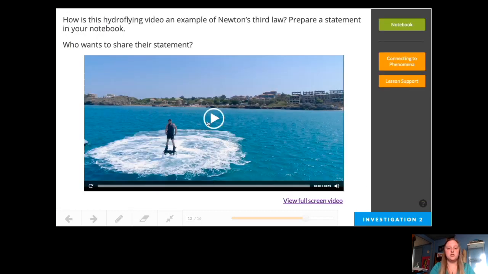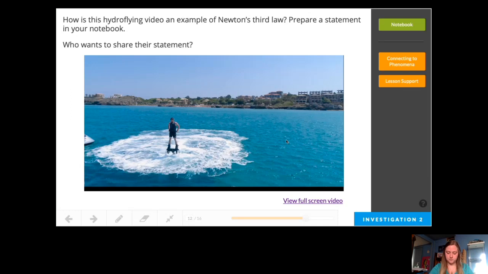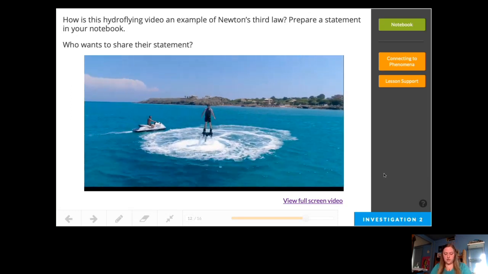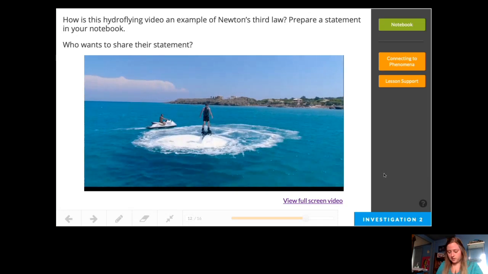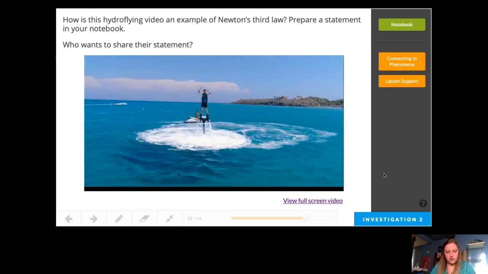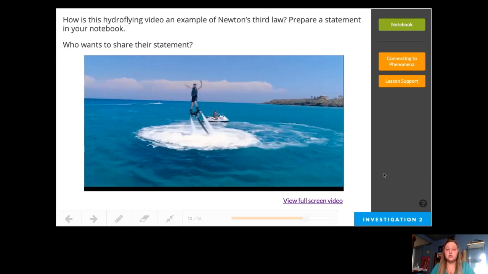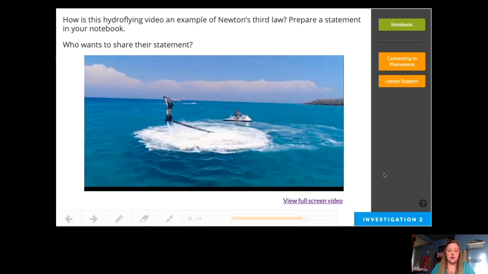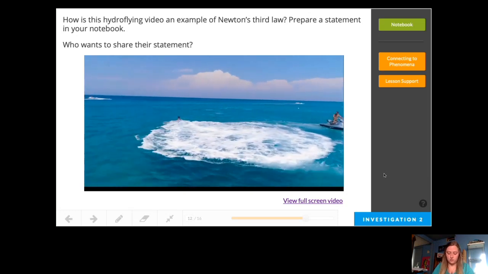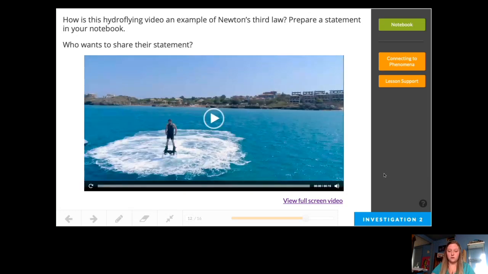Okay, so watching this video again, the jet here is our action force, because he wouldn't have been able to get out of the water if there was no force being placed by that jetpack. So the jets are our action force on the water, propelling the water out.